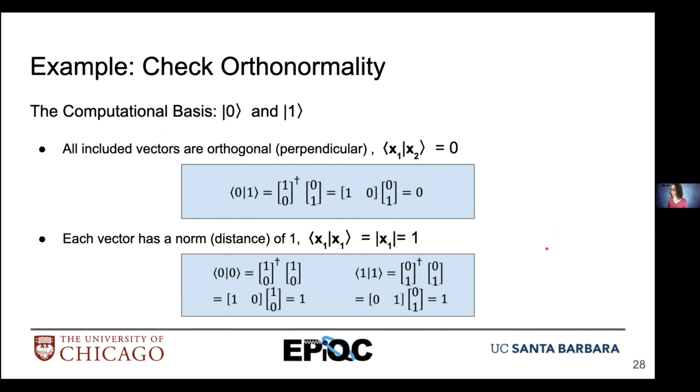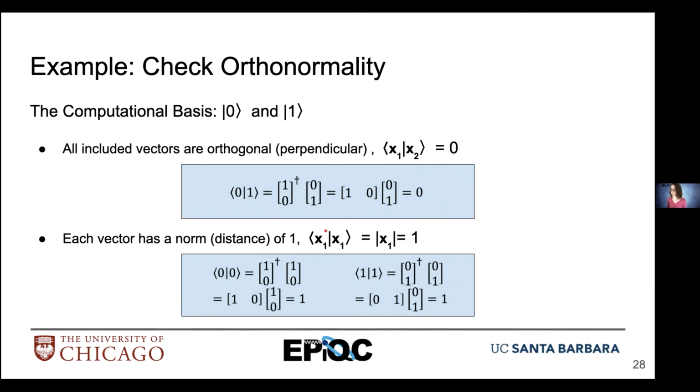So just to point out, whenever we're doing these calculations, the orthogonal component of these rules is done with each vector times the other vector in the basis set. So these are two different vectors, so ket 0 and ket 1 will be included in that calculation. When we're checking for distance, that's going to be each vector compared to itself.